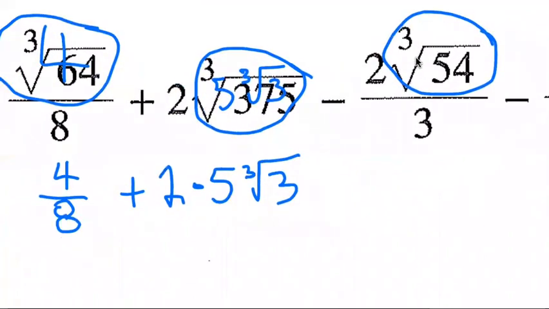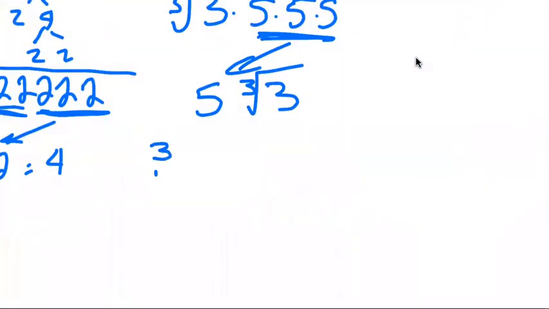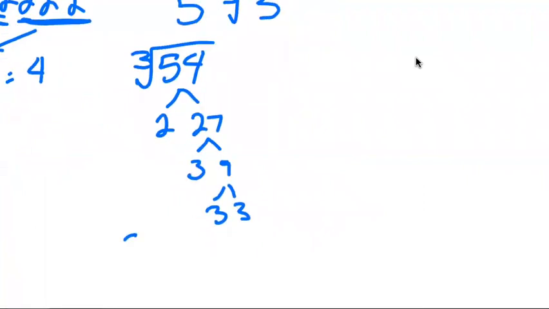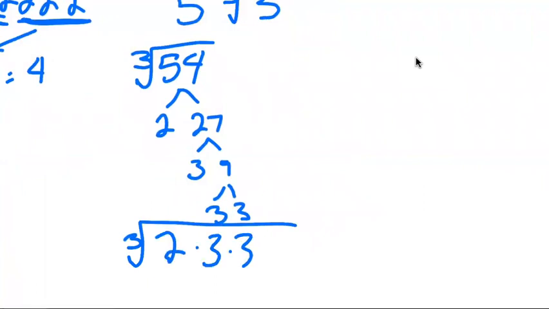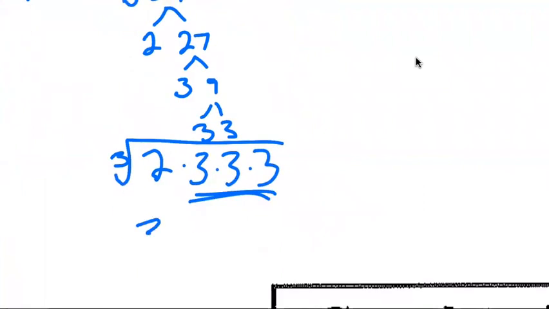Now I'm going to do the cube root of 54, which is 2 times 27. And there's our perfect cube. You can see it, 3 times 9, 3 times 3. So the cube root of 54 is really 2 times 3 times 3 times 3. There's our group of 3s. That pops out and gives me a 3, leaving cube root 2. So the cube root of 54 simplifies to 3 cube root 2.